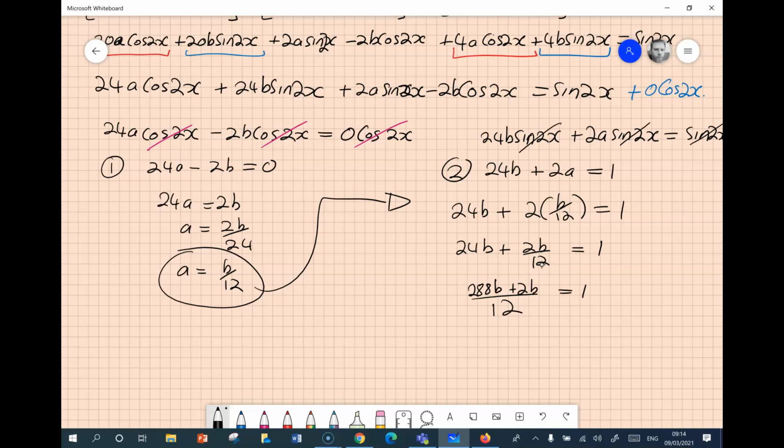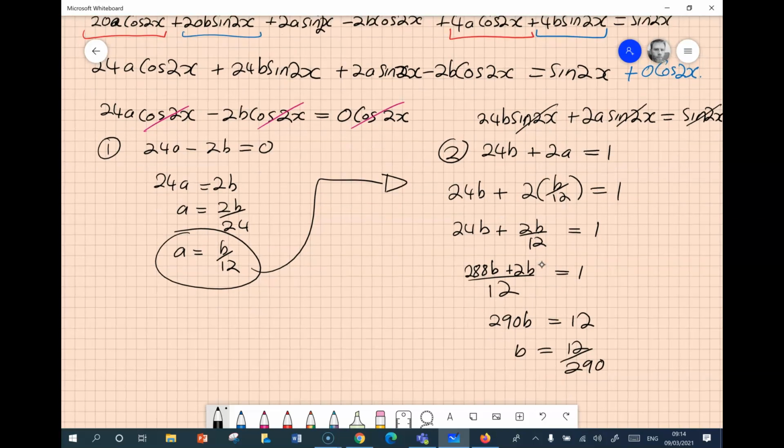Alright, 12 is dividing, so we'll bring it across to multiply, and we'll add our top line. So we've got 290 on the top line, and 12 comes across to multiply. Perfect. So b then is just going to be equal to 12 over 290. And simplify 12 over 290. That gives us 6 over 145.